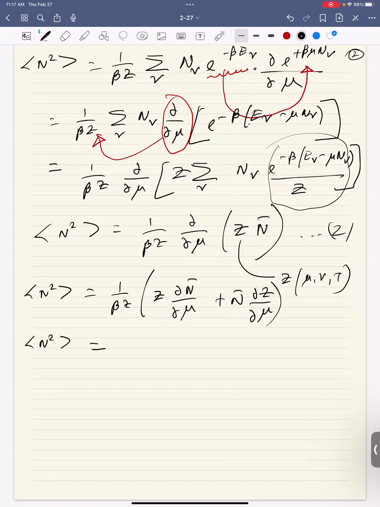Now we can cancel this z out, right? In the first term, the z has come out of the differential. So we can do that. So that will become 1 over beta partial n bar by partial mu. And in this case, we can write it down as n bar over beta partial ln z by partial mu.